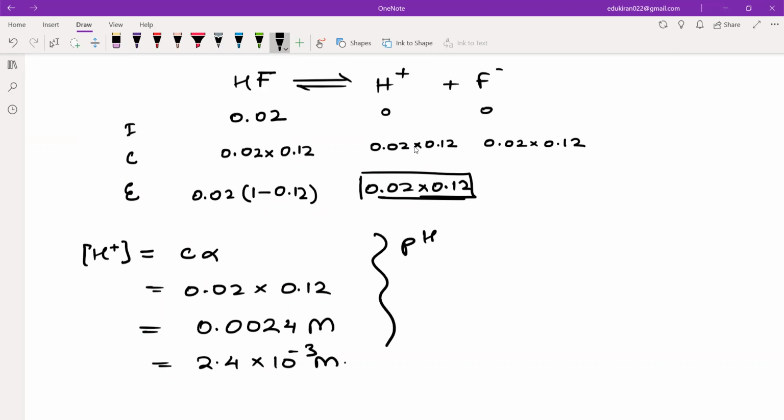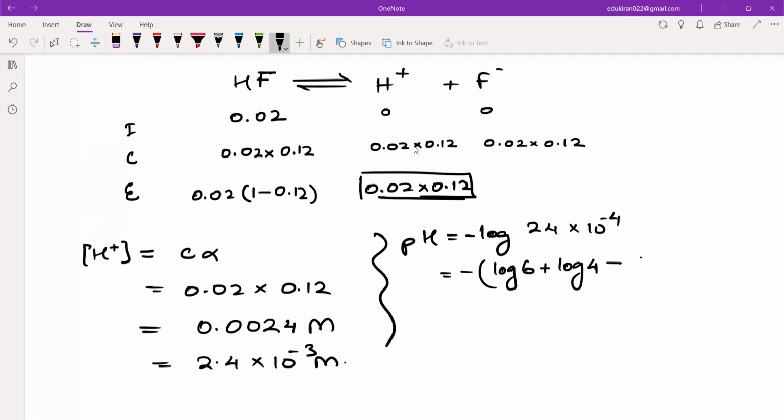Now pH will be equal to minus log of 24 into 10 to the power minus 4. This will be equal to minus of log 24. How should we write 24? 6 fours are 24. So log 6 plus log 4, 10 to the power minus 4.